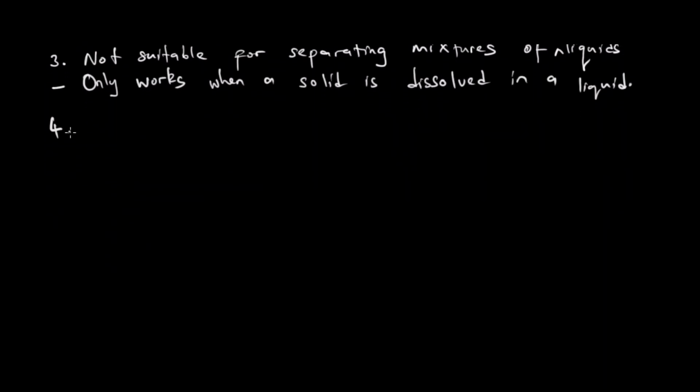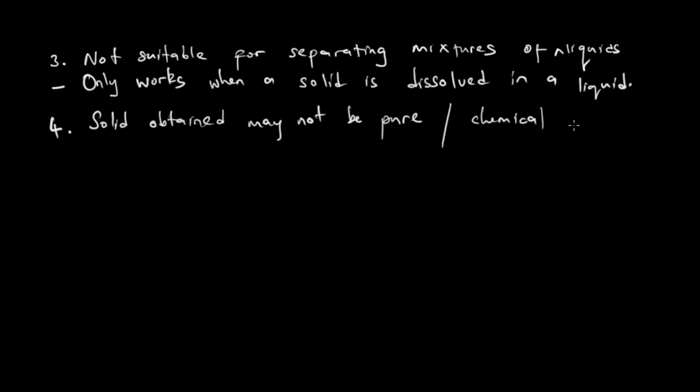Saka for number 4, the disadvantage is the solid obtained may not be pure. So solid obtained may not be pure. Tinogona kuita rephrase tichiti chemical alteration of solid.